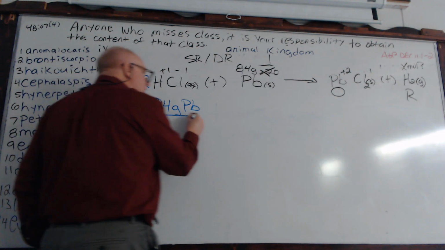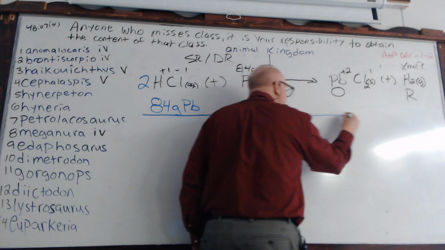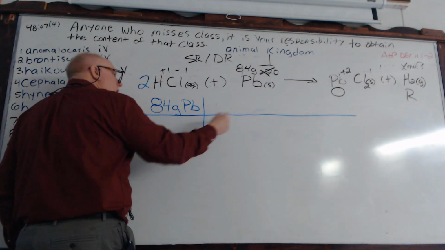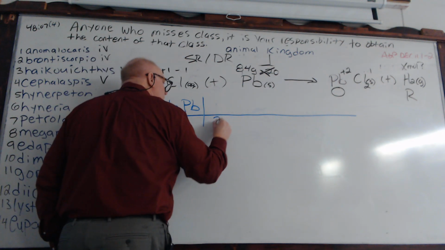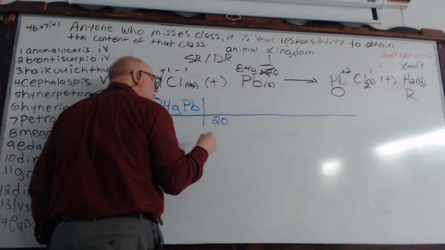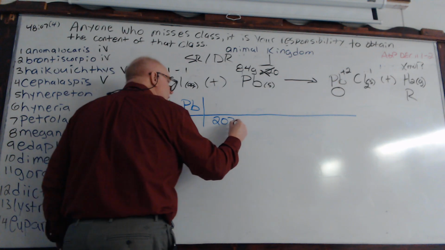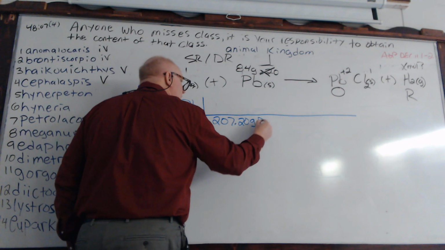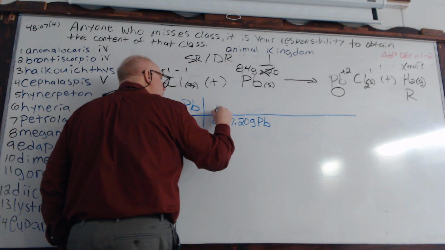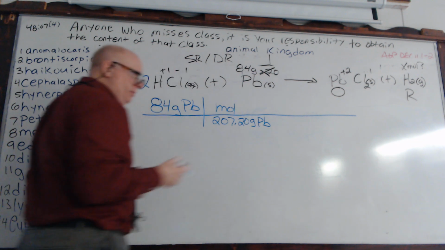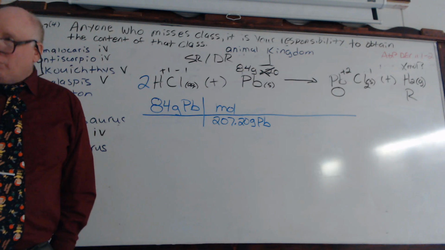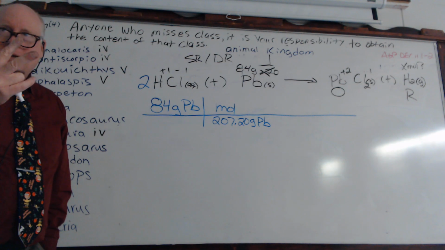And what are we going to change this grams of lead to? For every 207.20 grams of lead, you get a mole of lead. Now, if you remember from last Monday, all we were doing was mole to mole problems. Those are 2 steps.